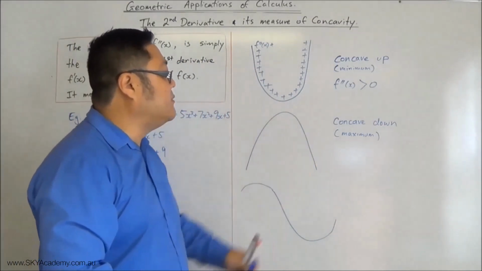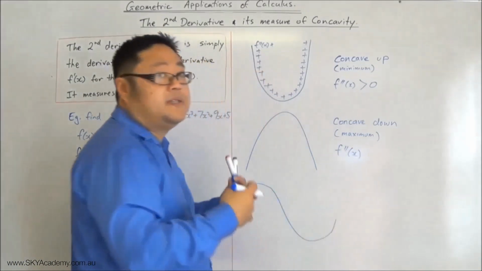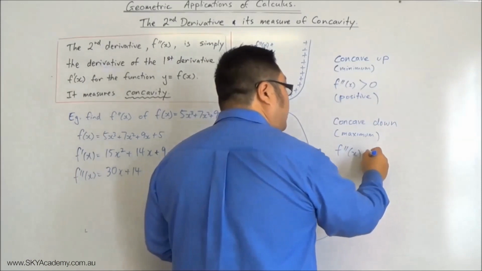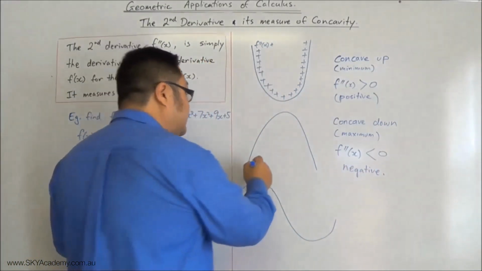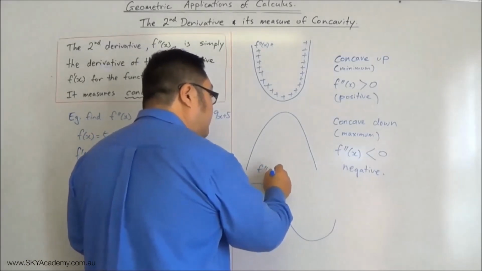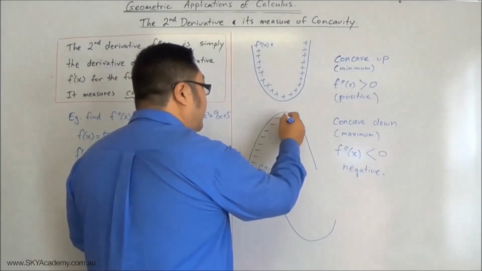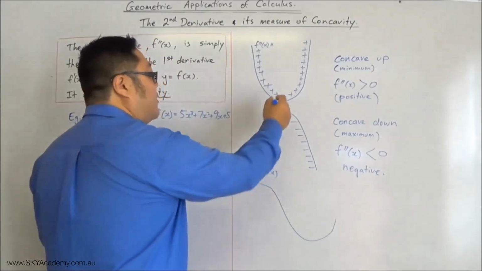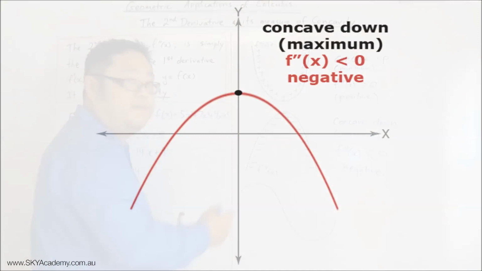So when there's a maximum involved, f double dash of x, the second derivative, in the previous case was positive, in this case it would be negative. Does that make sense? Which means the second derivative, not the first derivative, will be negative all the way throughout the curve. It will even be negative at the stationary points, where the first derivative would be flat.